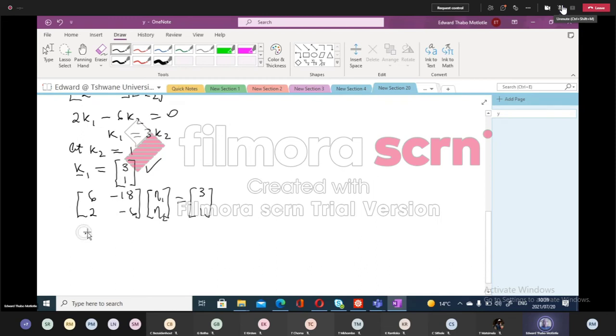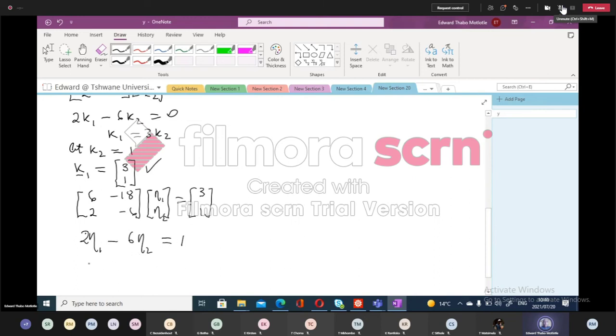So this will be, sorry, 2 mu1 minus 6 mu2 equals to 1. What I'm trying to say is that if you divide the top equation by 3, it's going to give you the same equation as the one below. Okay, so we can just use this one.